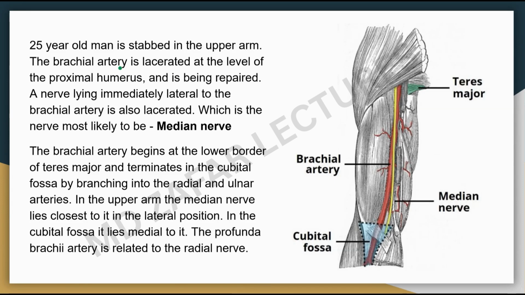The brachial artery is lacerated at the level of proximal humerus. A nerve lying immediately lateral to the brachial artery is, we have discussed this as well, the answer would be the median nerve. So here the brachial artery has a lateral relationship with the median nerve, and then the median nerve will become anterior and eventually it will become medial to that.